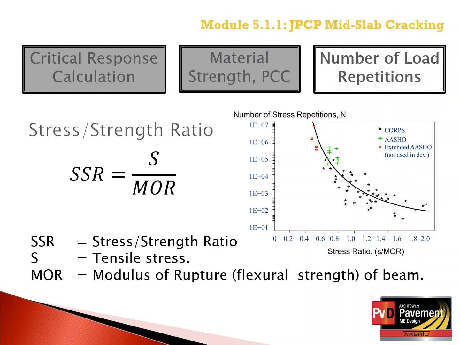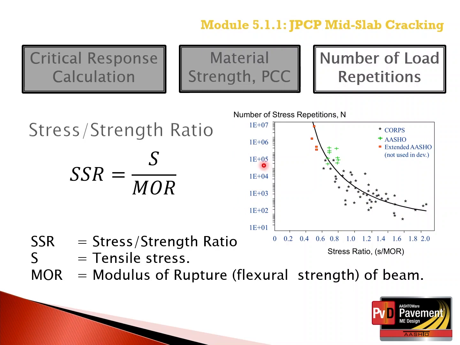In summary, the number of load repetitions is defined by the ratio of stress to strength used to determine or measure the number of stress repetitions or allowable number of load applications.